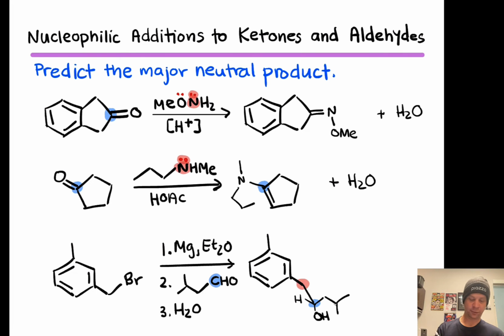Notice also that this forms a new stereocenter at the original carbonyl carbon, and so it's important here to use wedges or dashes to depict the configuration of that stereocenter. For example, we could put the H here, the former aldehyde hydrogen, on a wedge, and then add plus En to indicate that the enantiomer of this structure is also formed.